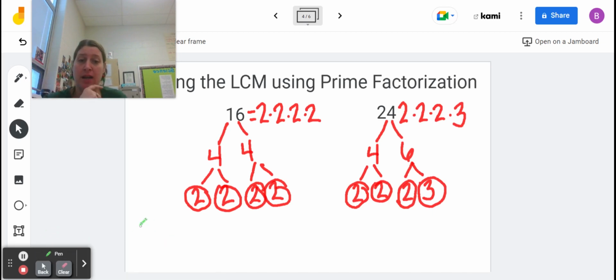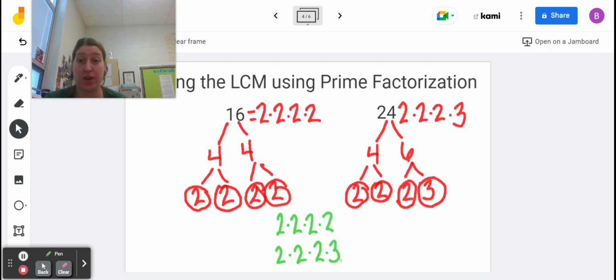So I'm going to write it down here because I have the most room. 2 times 2 times 2 times 2. That is 16. Then I'm going to take 24, and I'm going to do 2 times 2 times 2 times 3.